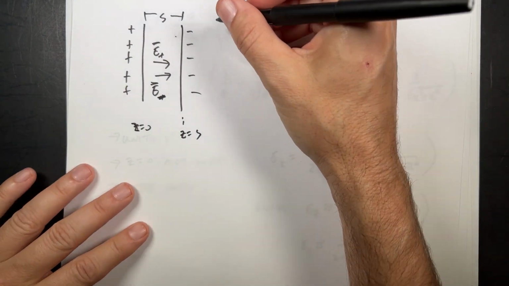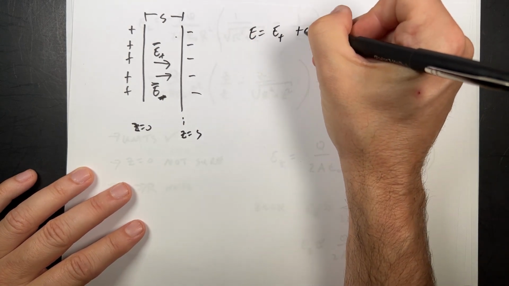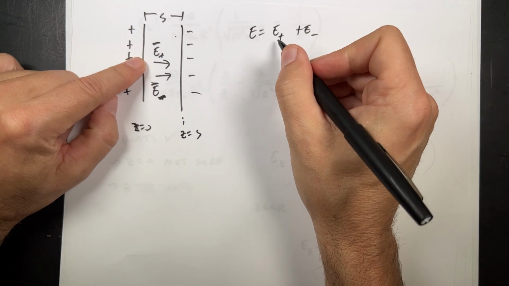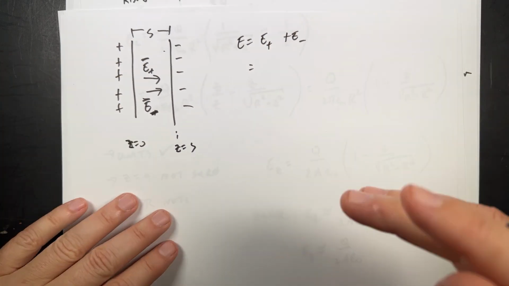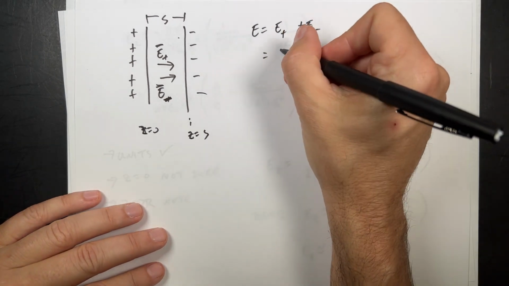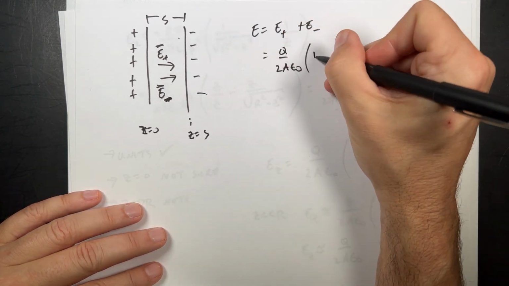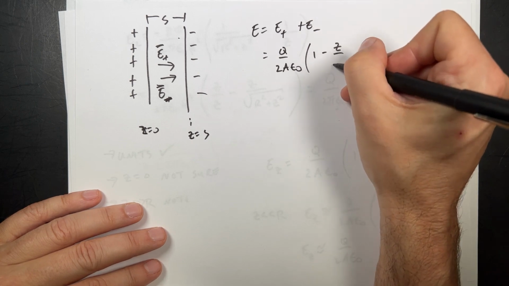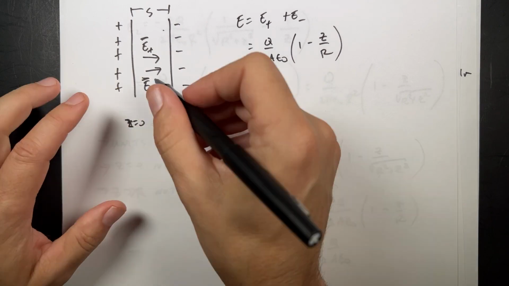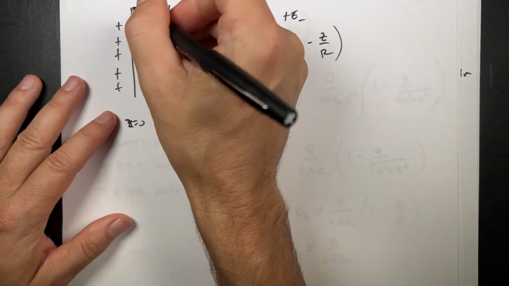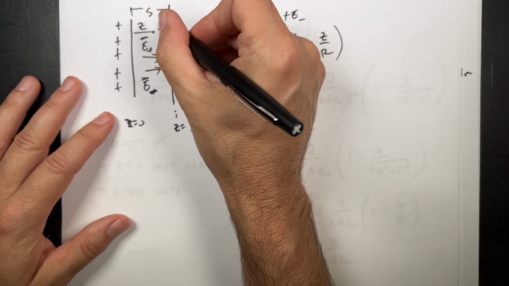So I'm going to say the electric field E is going to be E plus plus E minus. The electric field due to the plus one is pretty easy. It's just going to be Q over 2A epsilon naught times 1 minus z over r. Now what about this one? If I'm right here, that's my z value, but I need this distance right here, which is going to be S minus z.